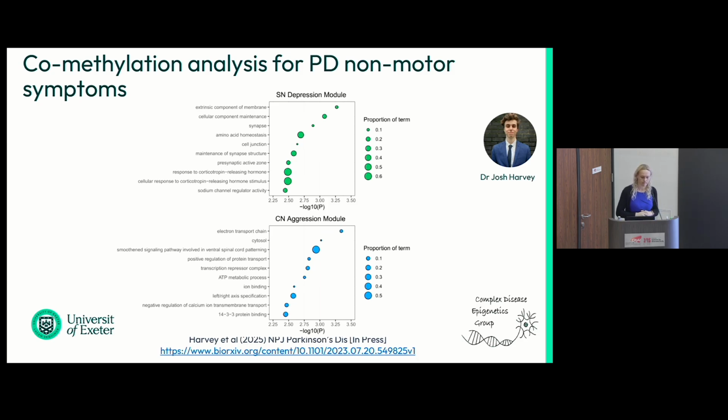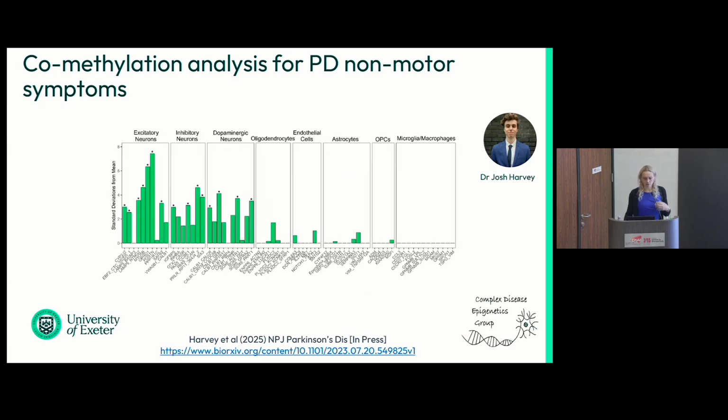So this is gene ontology analysis of the 2 modules. And you see in the substantia nigra depression module, we're seeing an association of lots of pathways that are associated with synaptic processes, whilst in the caudate nucleus aggression module, we're seeing an association with lots of things perhaps associated more with mitochondria and energy generation.